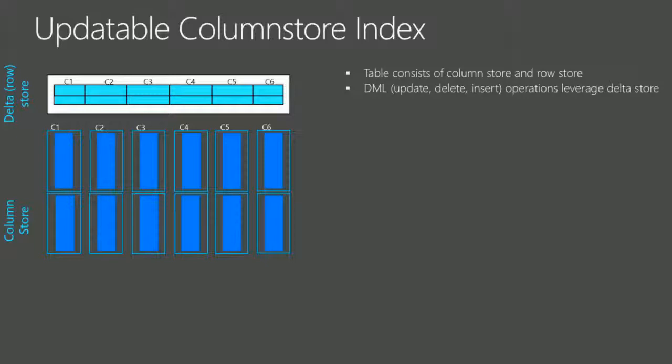What I'm showing you here is a column store, we are familiar with this. When I show you blue, it means compressed column store row groups. And what you see here is a row store. We want to compress when you have a million rows together. Why? Because we get good compression. If you compress 2 rows together, you will not get as good a compression. You want a larger set of rows.